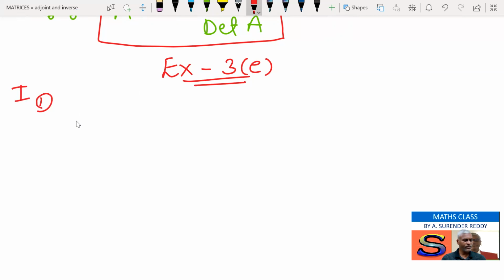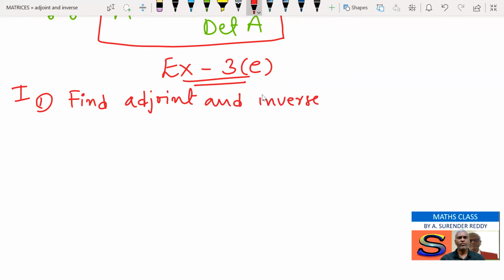Find the adjoint and inverse of the following matrices. అనుబంధ విలోమ మాత్రికలు కనుక్కోవాలి. The first one, 2 minus 3 4 6.